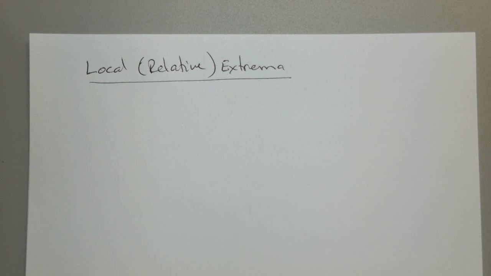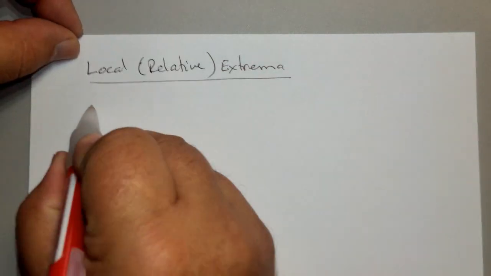What do you think the difference is between local and absolute? Can you have multiple absolute maximums? Absolute is absolute. There can only be one. Local or relative extrema, you can have numerous numbers of them. Let's look at the definition of it.